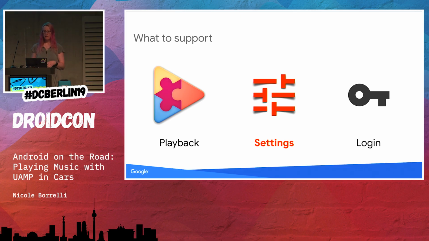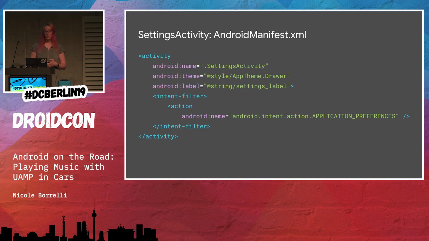So the next up is settings. There wasn't really much to support for settings for UAMP because UAMP doesn't have much, but I created the settings activity, and we just add the intent filter there.